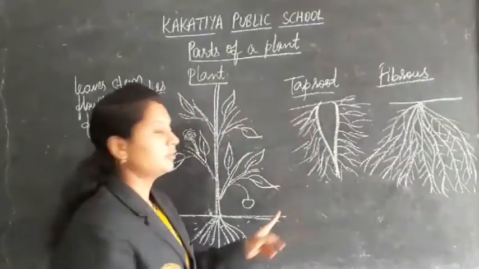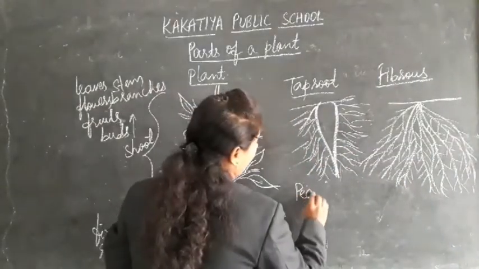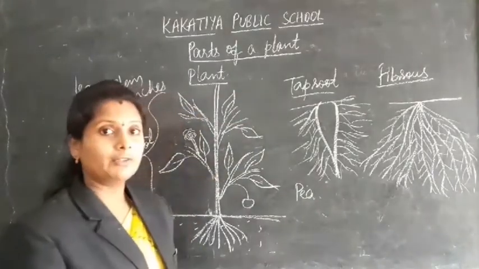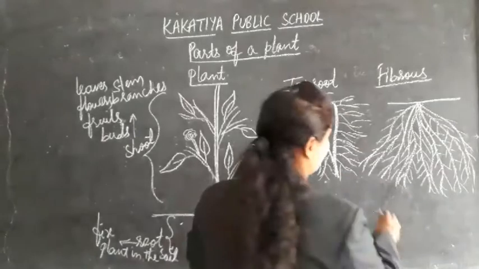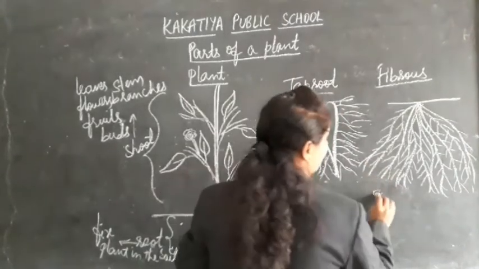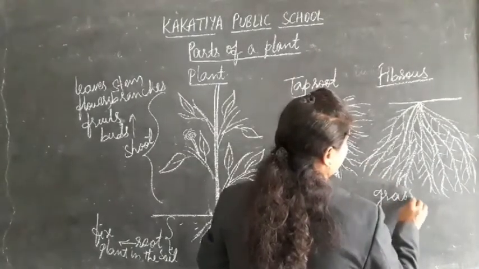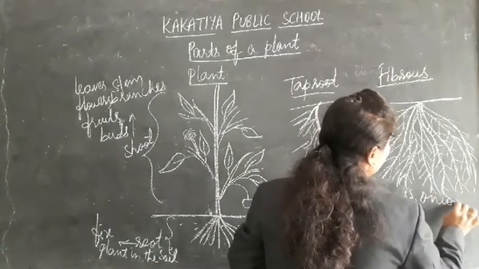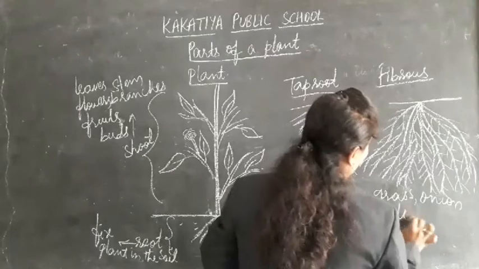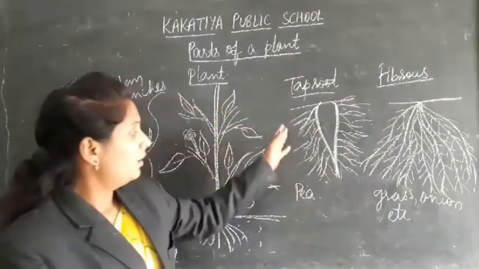An example of the taproot system is pea, and for fibrous root we can give a number of examples like grass and onion, etc.